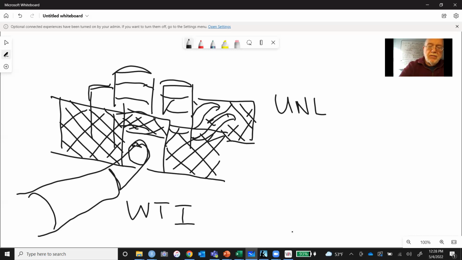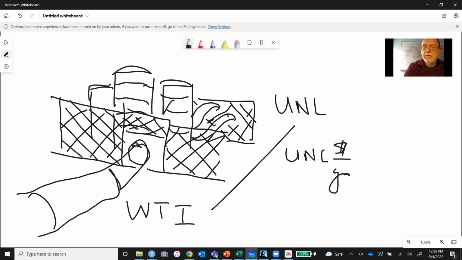Now, between WTI and UNL, there's a spread, which is UNL is going to be measured in dollars per gallon. And WTI, let's put a circle around that, measured in dollars per barrel.